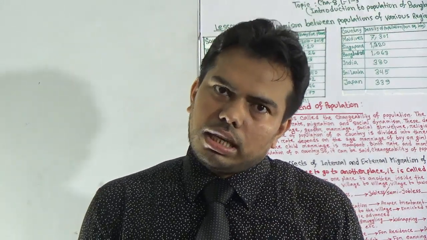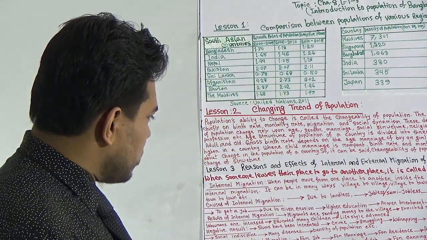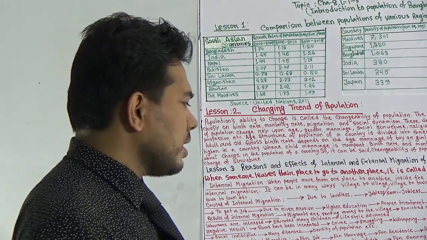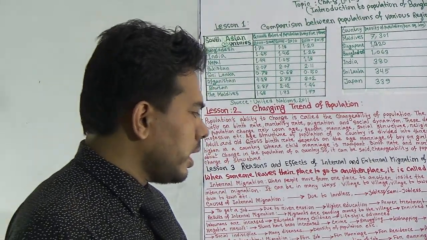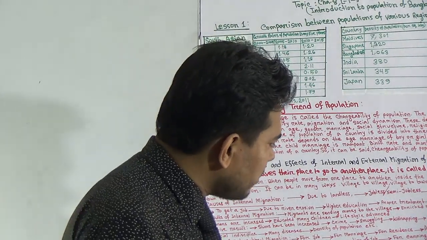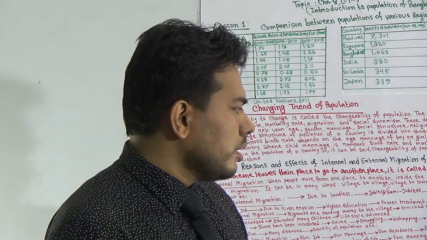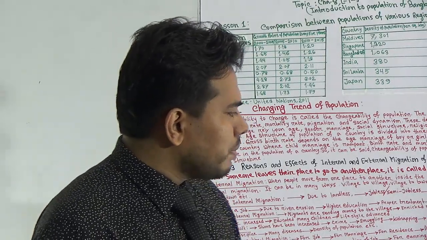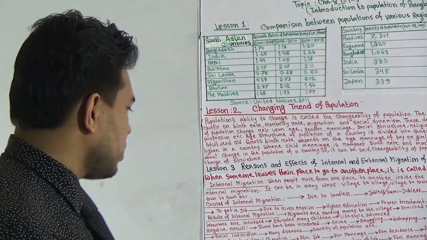So after all, they have migrated from their own country. Transfer or promotion of jobs. Some people get a better job, or for promotion purposes they settle down in another country. For earning foreign currency, people leave their own country and settle down in another.